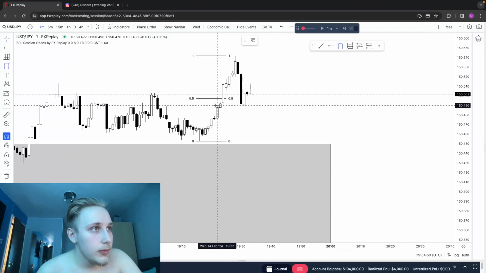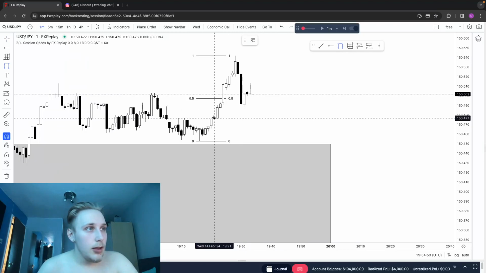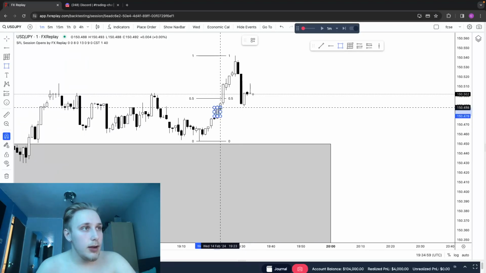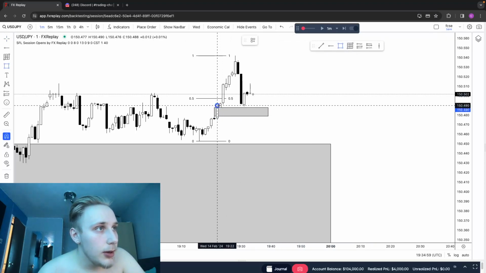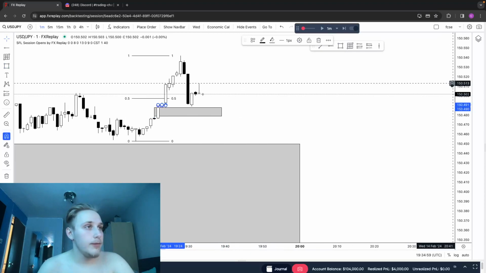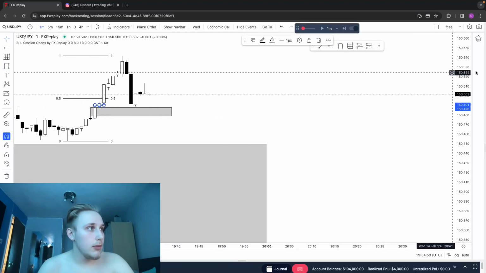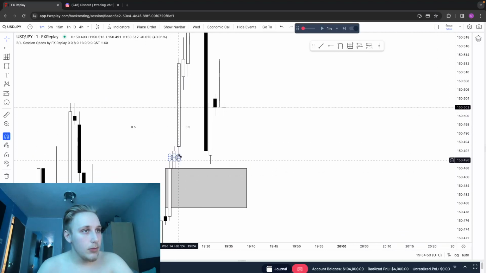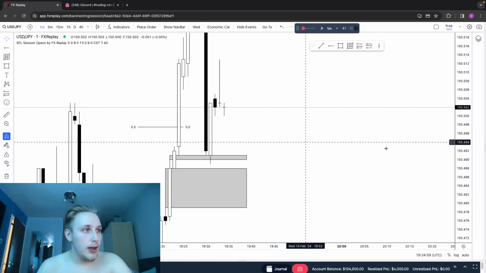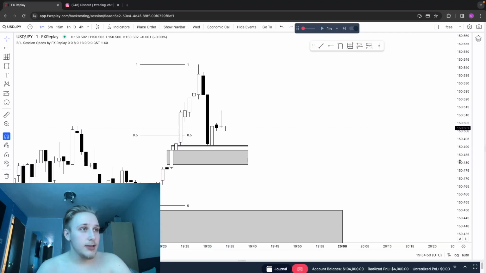We've got a fair value gap right there, and we've got one right here. So we mark that out right there. Obviously price come in, displaced out, so that would have been our entry.